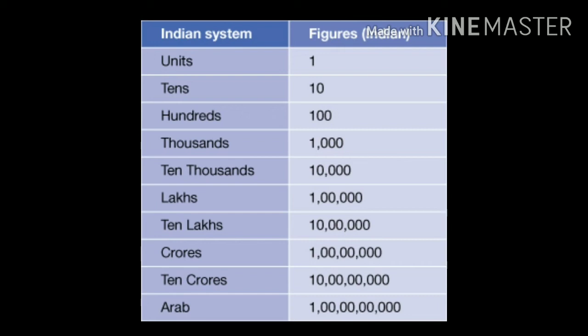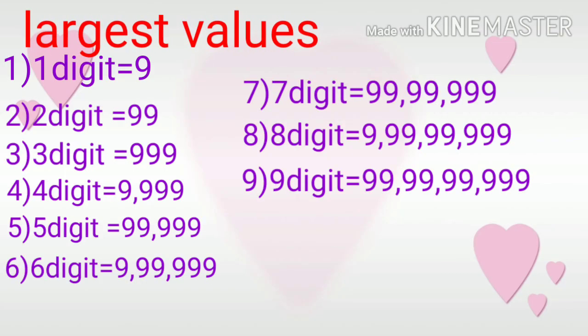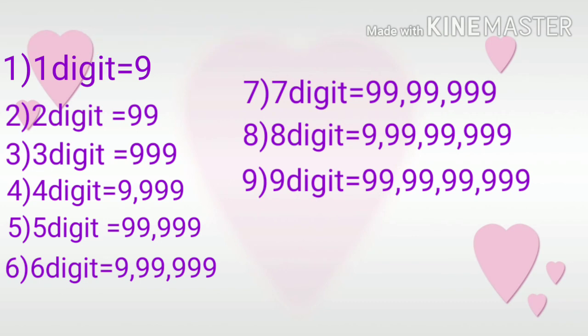By using these values, we can say that 1 is the smallest 1 digit number, 10 is the smallest 2 digit number, and similarly Arab is the smallest 10 digit number. The next image shows the smallest Indian system digits. This image shows the largest values of the Indian system from 1 to 9 digit numbers.